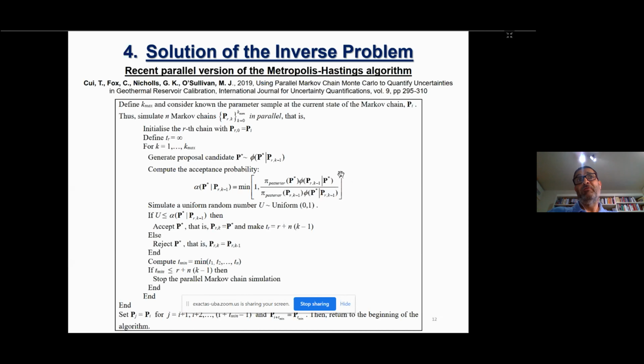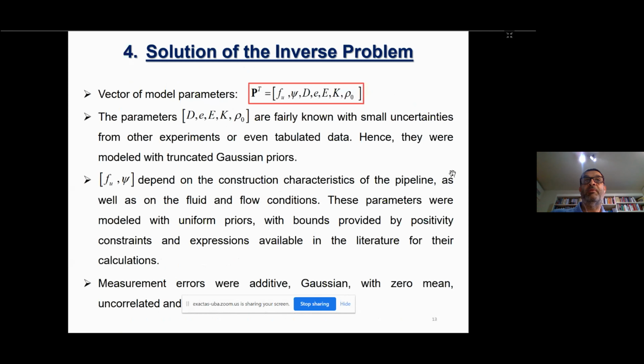In this work, we have used the recent parallel version of the Metropolis-Hastings algorithm from this reference by Cui, Fox, Nichols, and Sullivan, trying to reduce the computational time for the solution of the inverse problem. This is the vector of the model parameters, and there are actually two groups of parameters here.